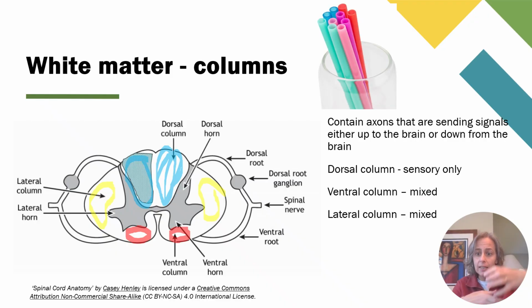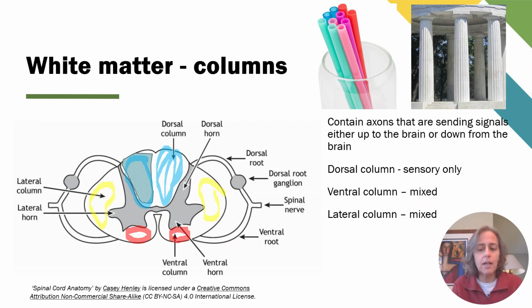You can think of it like straws, right? You've got all these columnar structures coming up. You've got all these little axons coming up and down. And so somebody thought, oh, they look kind of like columns on a building. So that's how they got named. Just remember, we're looking at a slice. These axons are coming up and down through that slice as they travel up and down through the spinal cord.